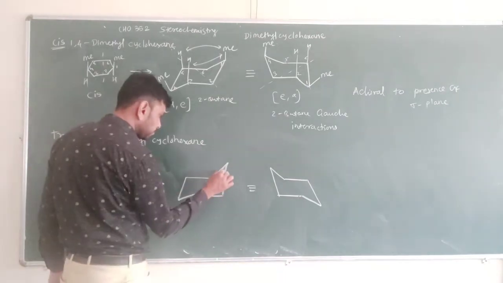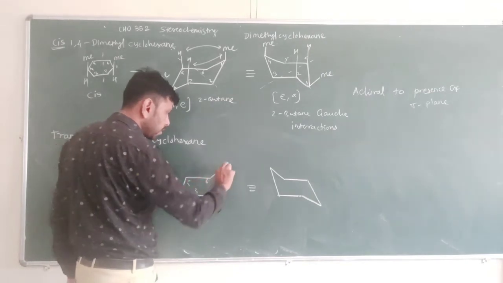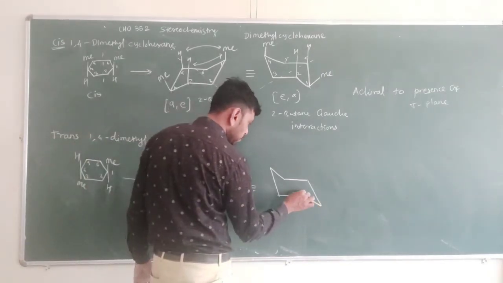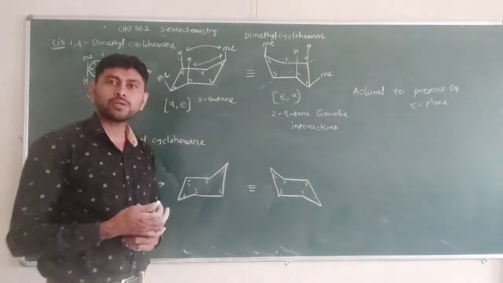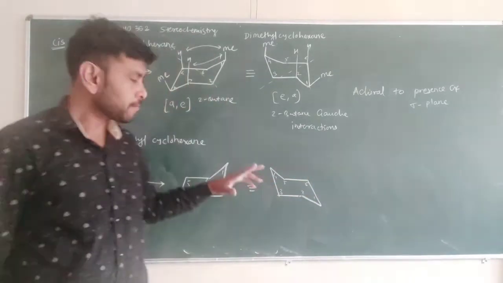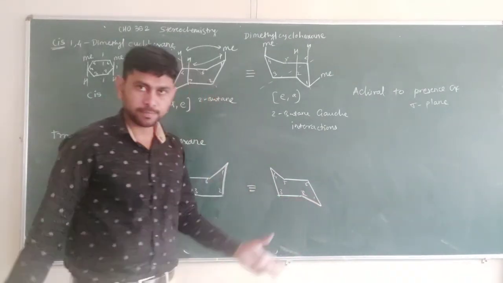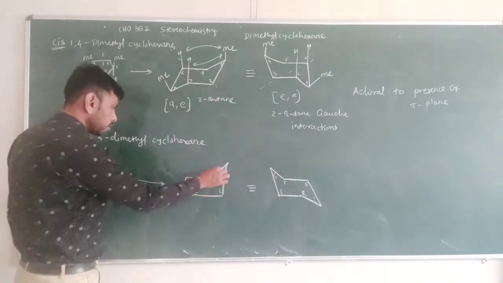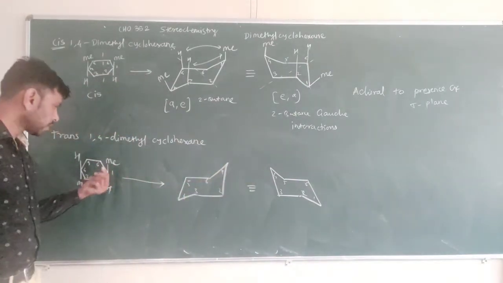Now numbering 1, 2, 3, 4, 5, 6. After ring flipping, numbering changes, again 1, 2, 3, 4, 5, 6, because the position of carbon changes after ring flipping, ring inversion, conversion from one form into another form. So carbon number 1 contains the methyl group on the upside.